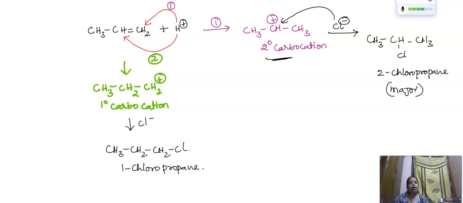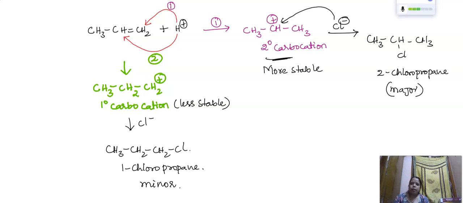And one more reason why it has to happen like this is that the secondary carbocation is more stable than the primary carbocation. So, the primary carbocation is less stable. Hence, the product formed by it will be a minor product.